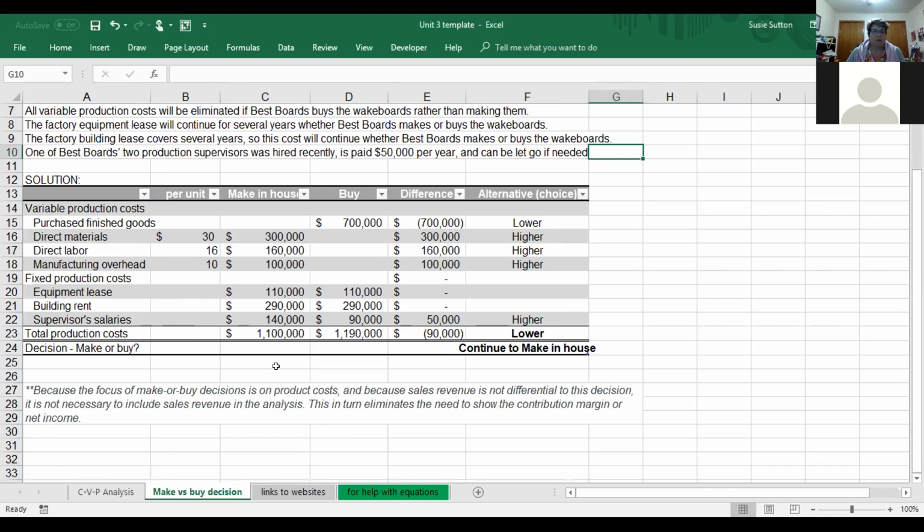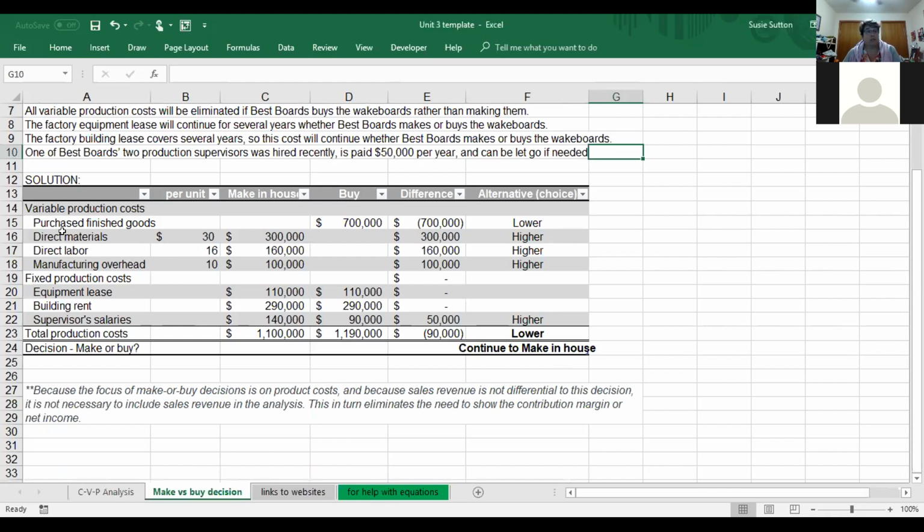So in this scenario, we had the variable production costs. If we're making them in-house, the direct materials are $30 per unit, so we have $300,000. Direct labor, $16 per unit, so $160,000. Manufacturing overhead, $10 per unit, so $100,000.